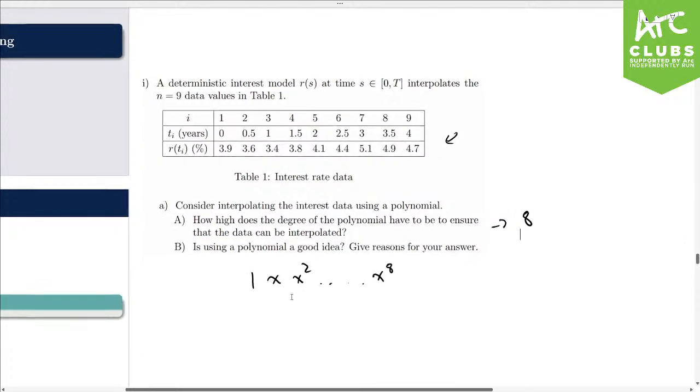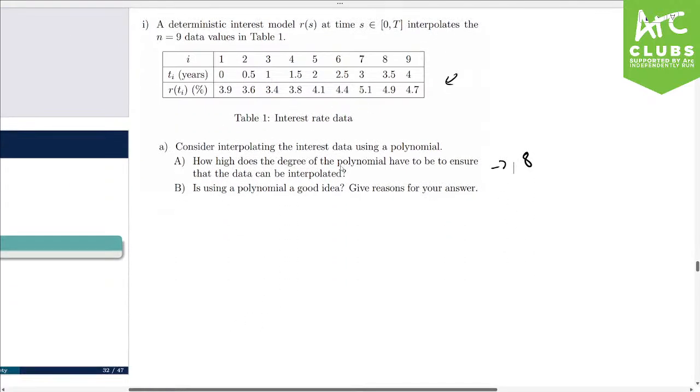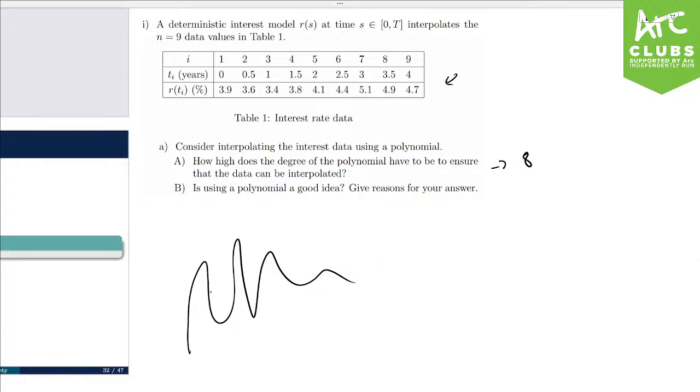And part B asks, is using a polynomial a good idea? And give reasons for your answer. So the problem with polynomials with high degrees is that it will go up and down a lot, even though it passes through the data points perfectly.